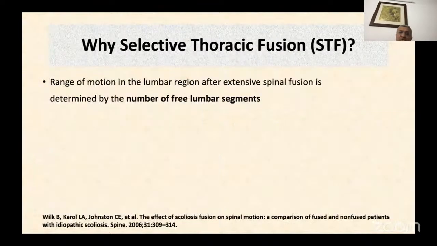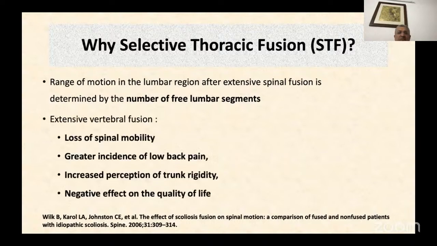Studies have shown that the amount of degeneration varies depending upon the number of free lumbar segments. And when you have done a fusion extending up to L4, there is a loss of spinal mobility. Most commonly, if you ask a child, they may not be able to touch the toes. There are greater incidence of low back pain as age advances over a period of 20 to 30 years follow-up. Increased perception of trunk rigidity and negative effect on the quality of life.